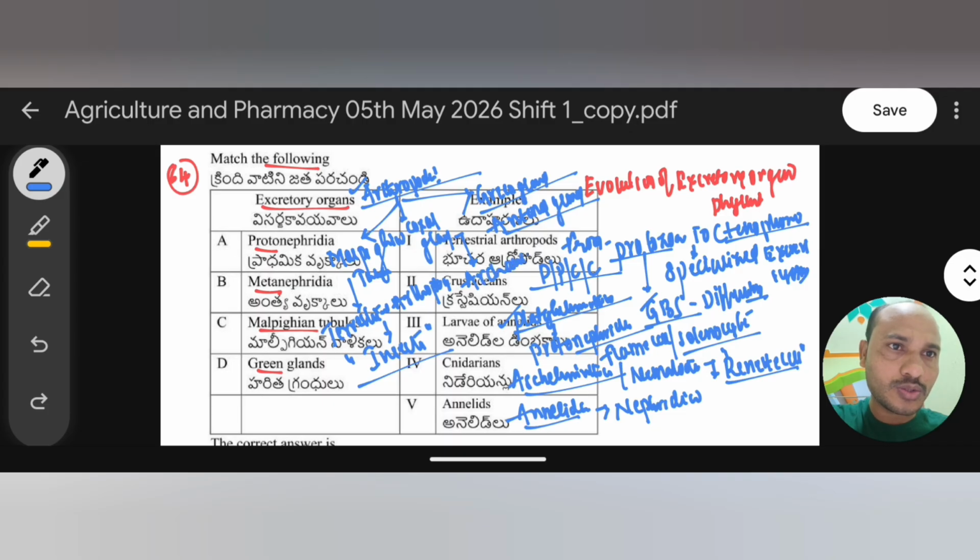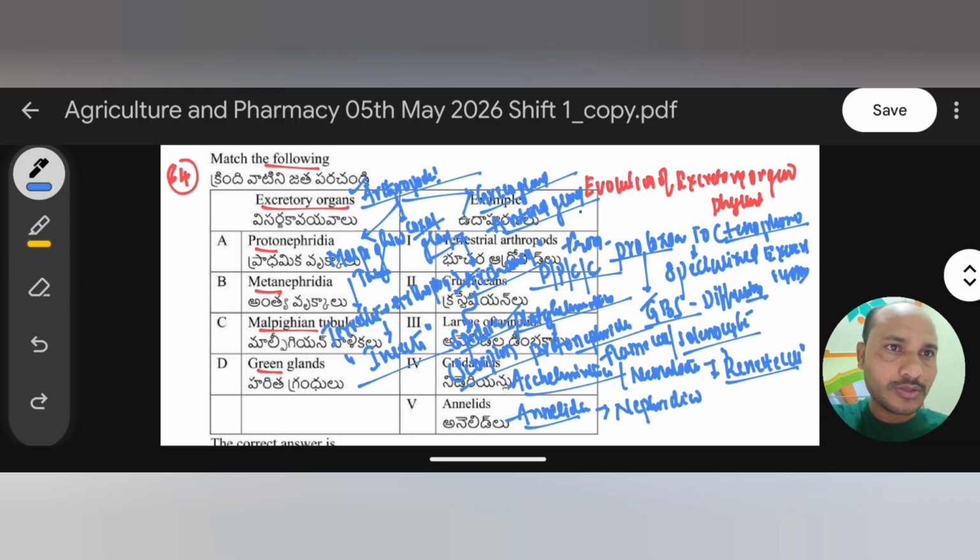Arthropoda has various classes, and arachnida is one class. This class has coxal glands as the excretory organ. Arachnida includes spiders and scorpions.